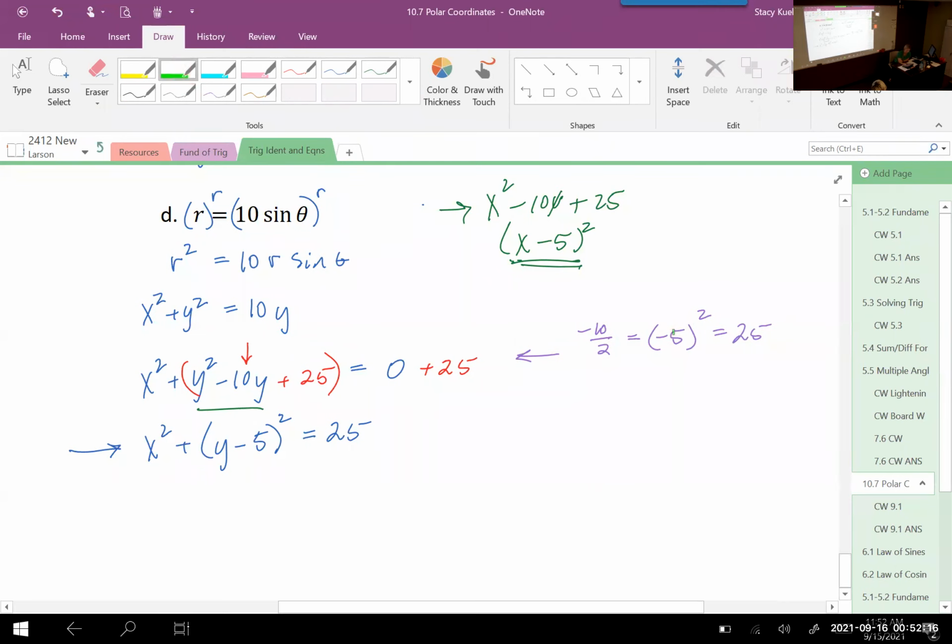And this -5 is always going to end up being that term when you're factoring it. If you'll just write it off to the side or remember what half of b is, that's always going to be the number in that binomial. Always. All right. So this is what we looked at.